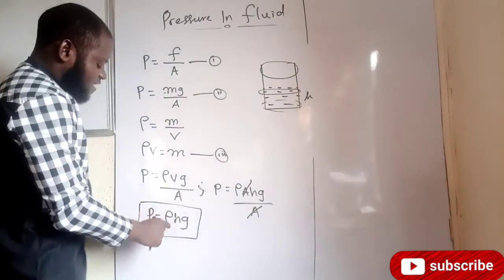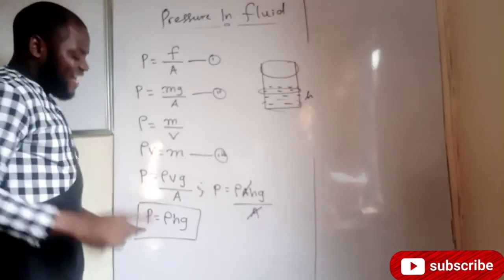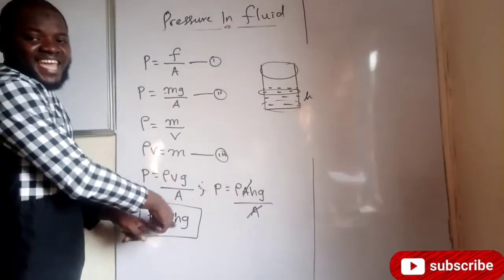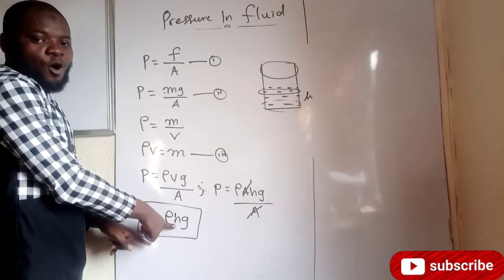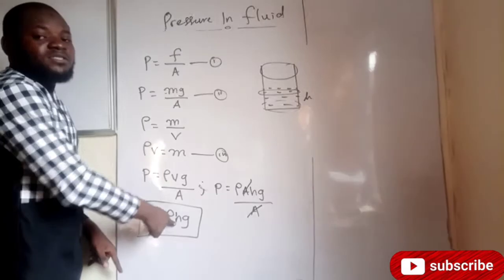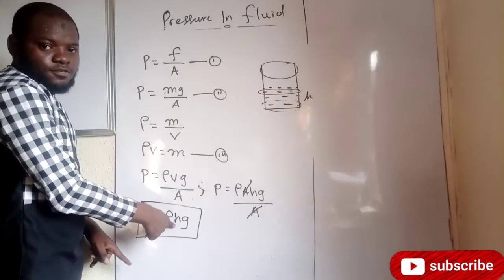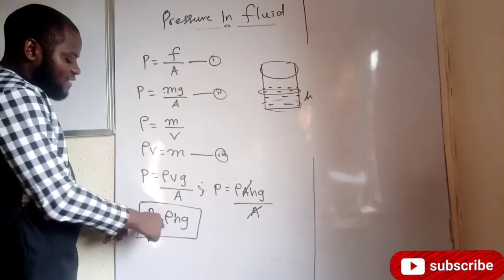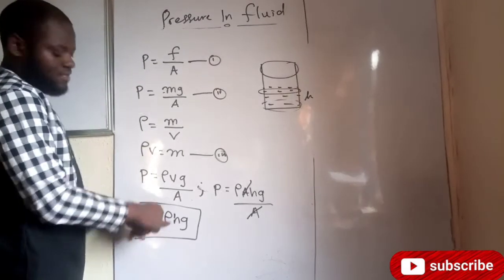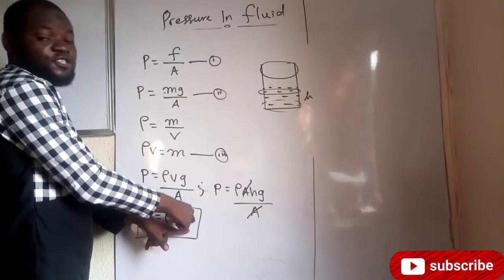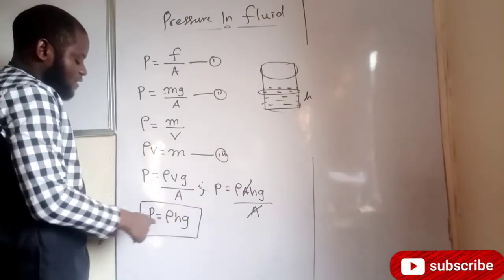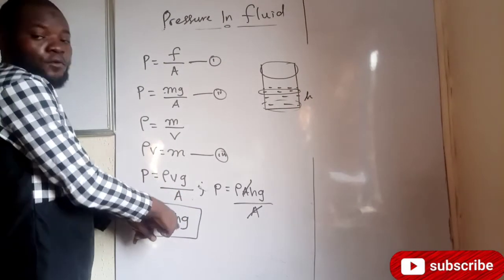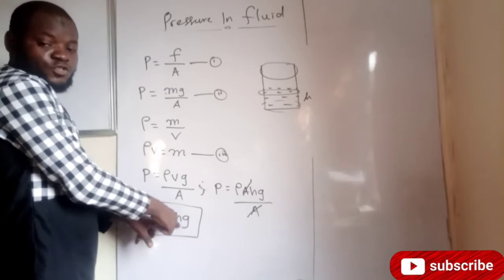And you can also see from this equation, only that you might make the mistake of calling this h height or altitude. This is called depth, not the altitude. So if you look at it now, the density of a fluid is constant, and that of acceleration due to gravity is also constant. Therefore, pressure is directly proportional to depth. Do you see that now?